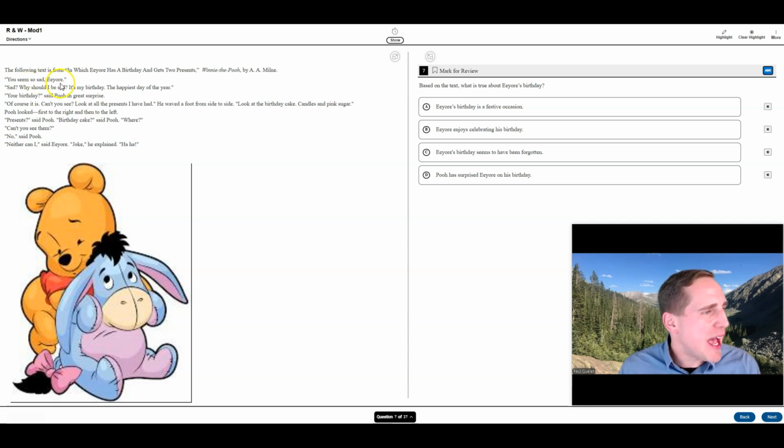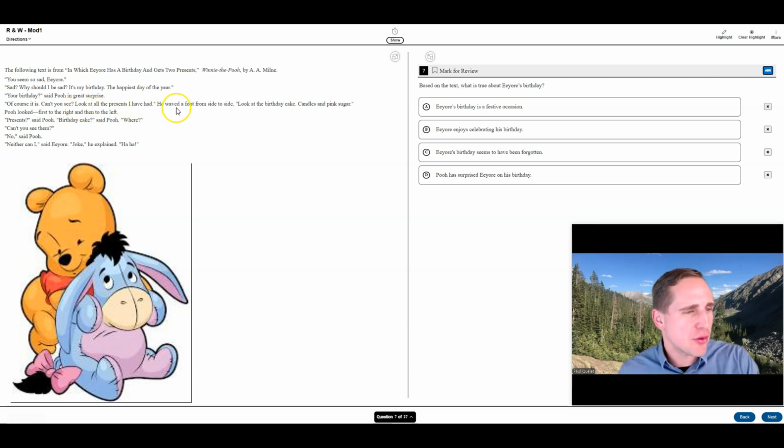You seem so sad, Eeyore. Sad? Why should I be sad? It's my birthday, the happiest day of the year. Your birthday? Said Pooh in great surprise. Of course it is. Can't you see? Look at all the presents I have had.